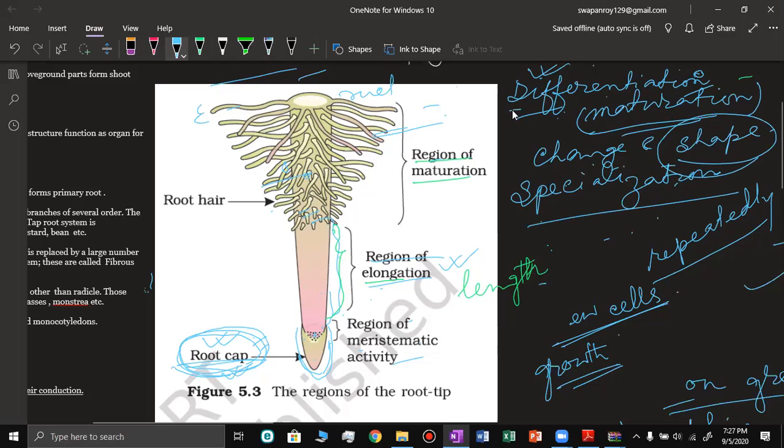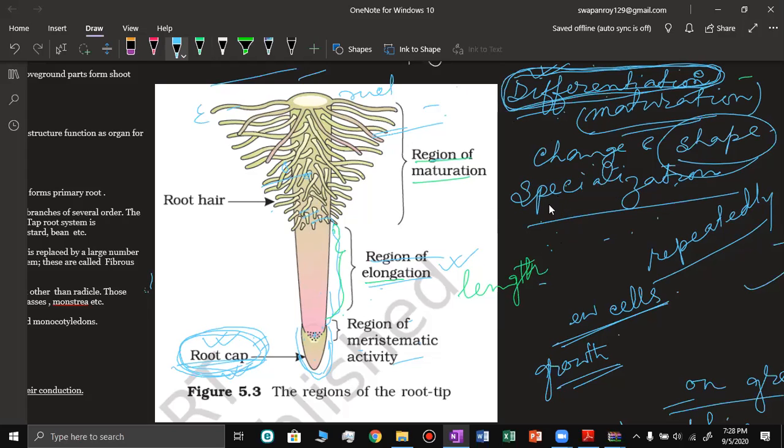And by the cell differentiation, a cell is ready for performing their work for what they are being made. So from here only, the cell starts to differentiate as a parenchyma, collenchyma, sclerenchyma, or xylem or phloem.